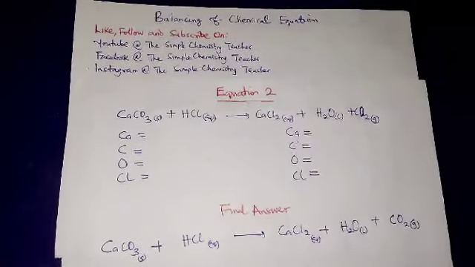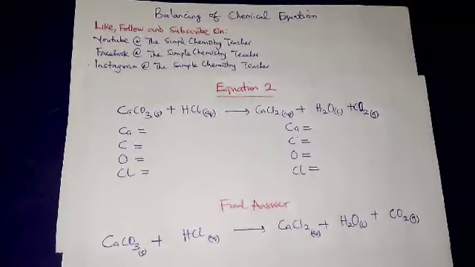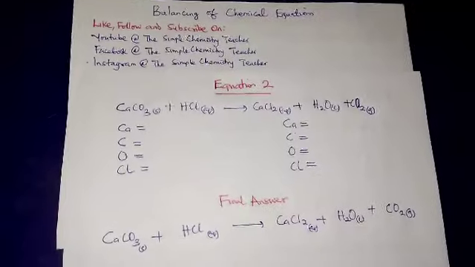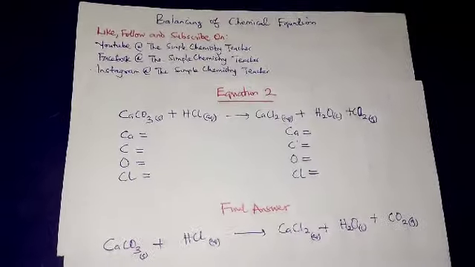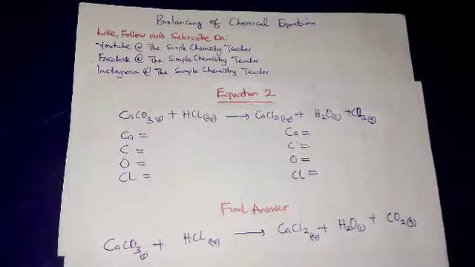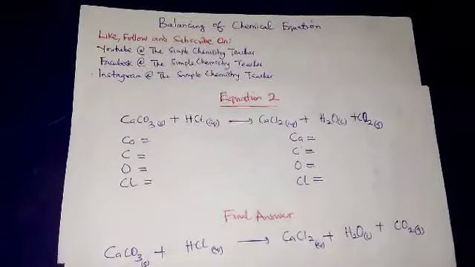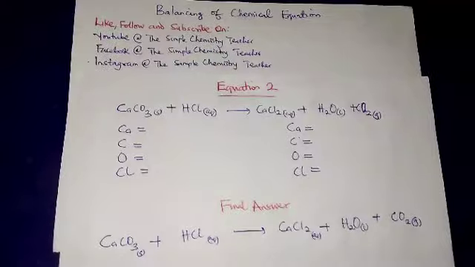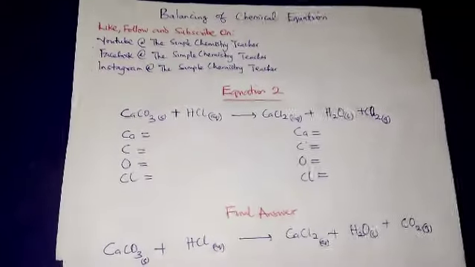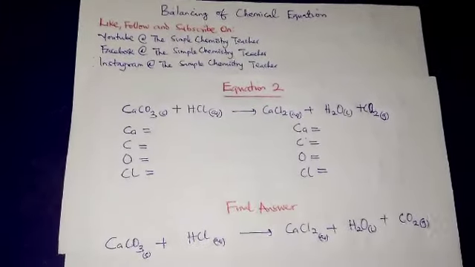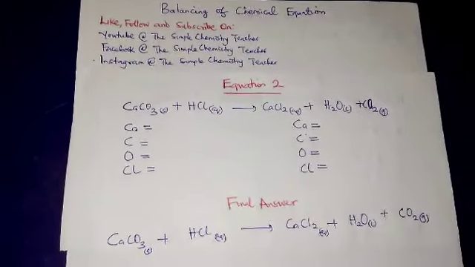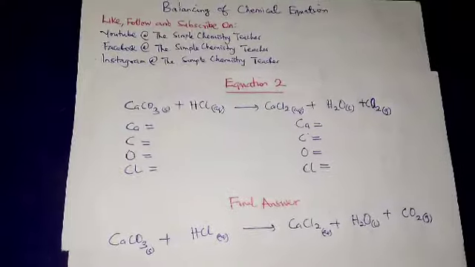From this balanced chemical equation you are going to know the number of samples that you are going to use, how many moles of the compound you are going to use, and all of that. So it has a lot to tell about your analysis in the lab. That's why balancing of chemical equations is very important, and we are out to help you get the best out of it.